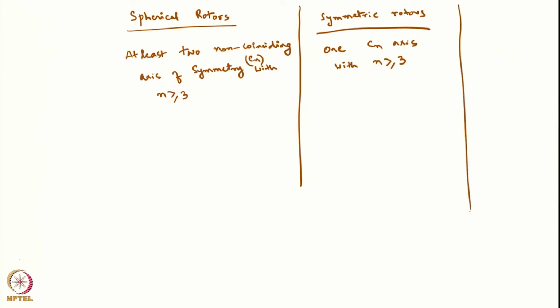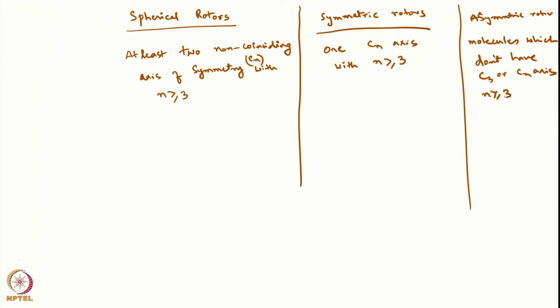Otherwise, for a symmetric rotor, of course, if you do not have any C3 axis, molecules which do not have a C3 axis, then they need a C3 or Cn axis with n greater than or equal to 3.